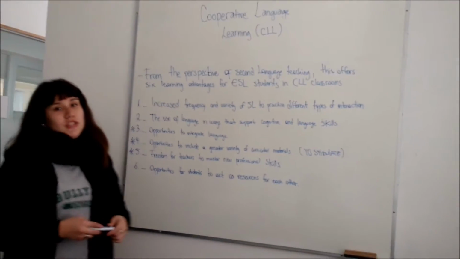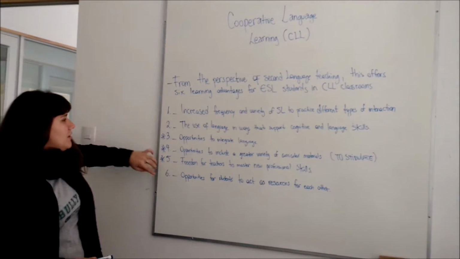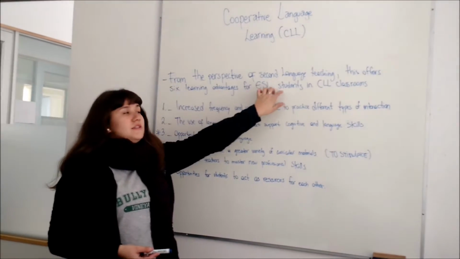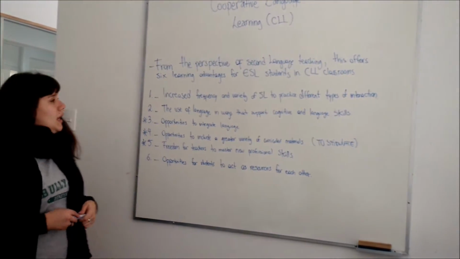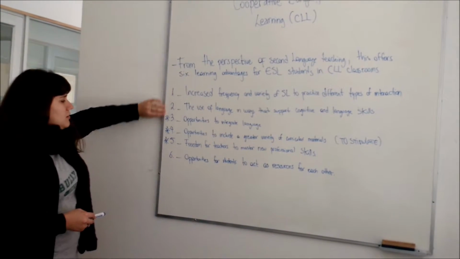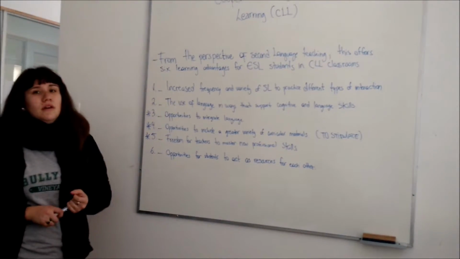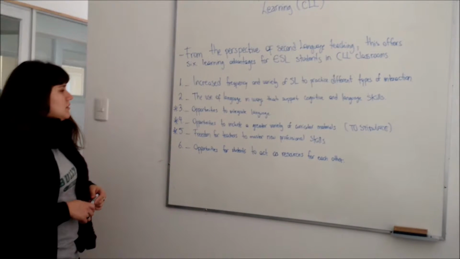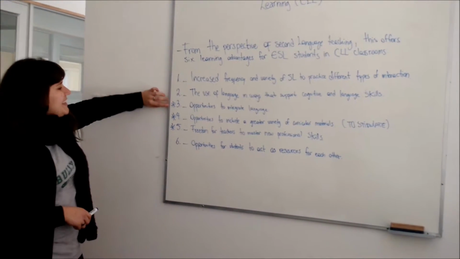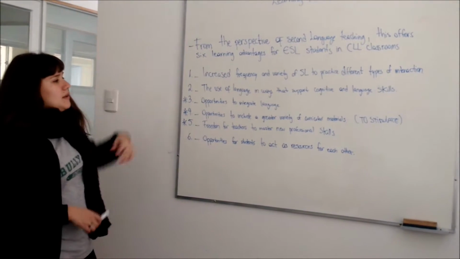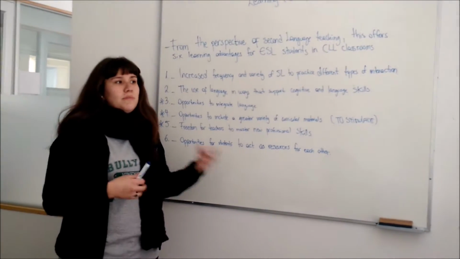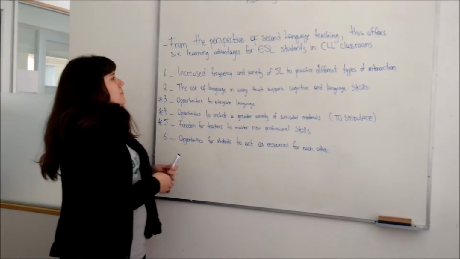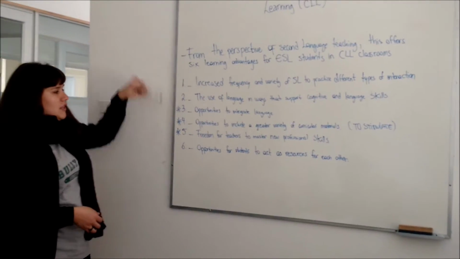In second language teaching, this offers 6 learning advantages for ESL students in CLL classrooms, and these are the 6. But we put an asterisk on numbers 3, 4, and 5, because we think they are the most important part of the 6 learning advantages.